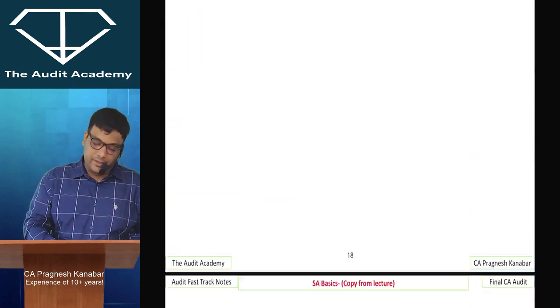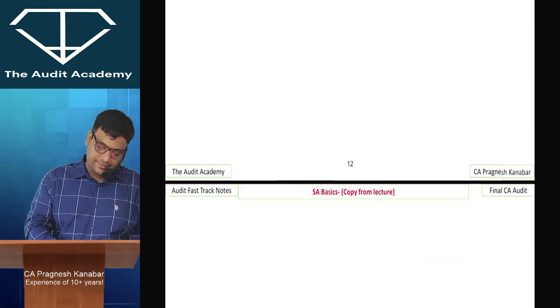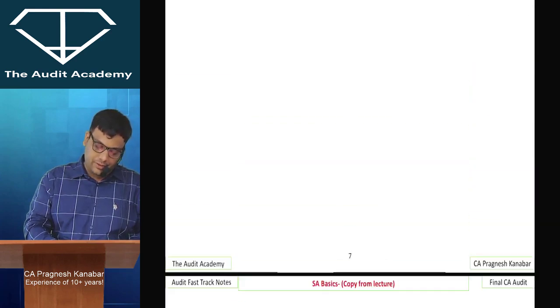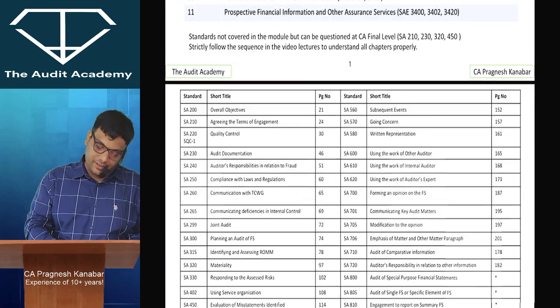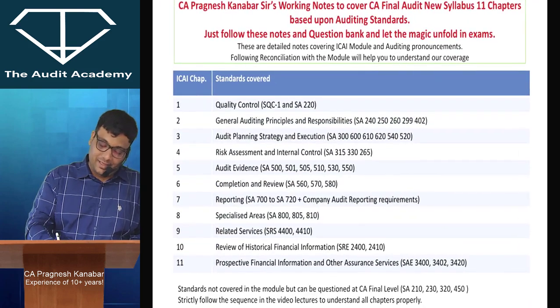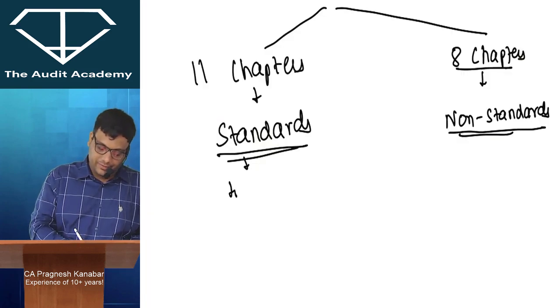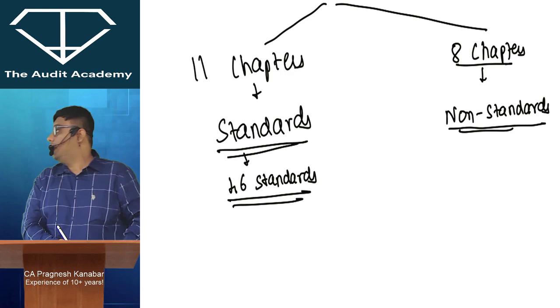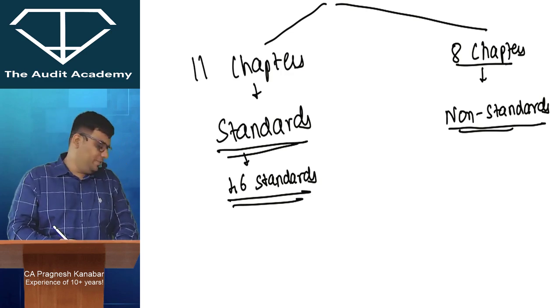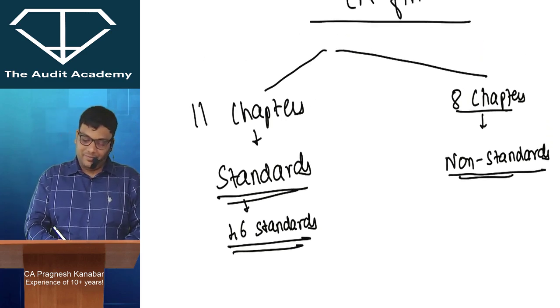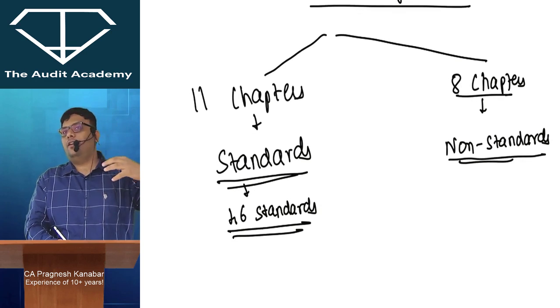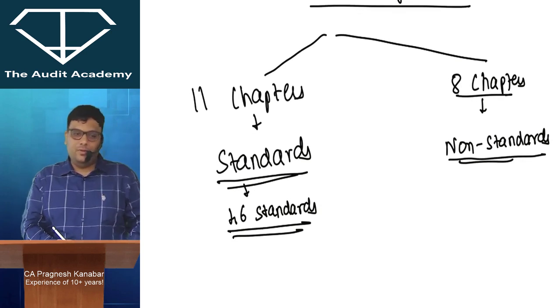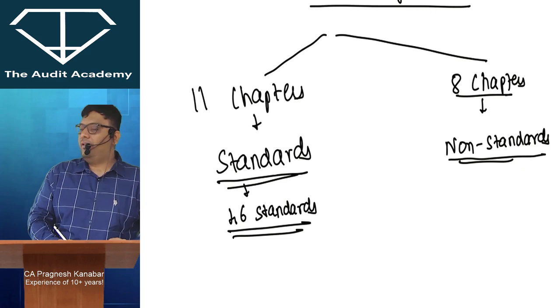Now when it comes to these 11 chapters, the good news is that there are only 46 standards in the ICAI pronouncements, and you have all 46 of them, because after CA Final there is no other level called a super final CA. Now when you used to study audit at Inter CA level, you always had this complaint: boss, what is this?